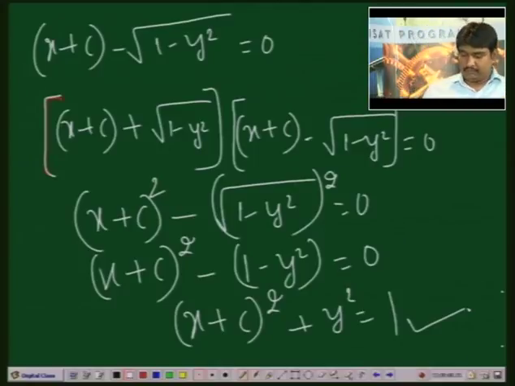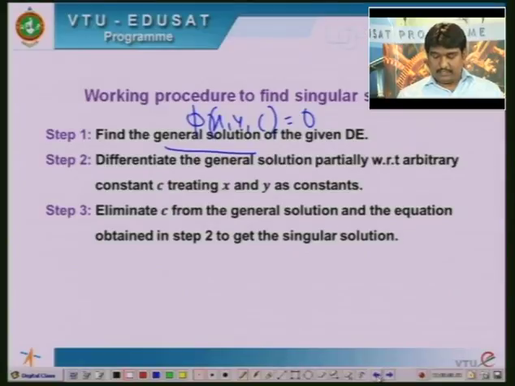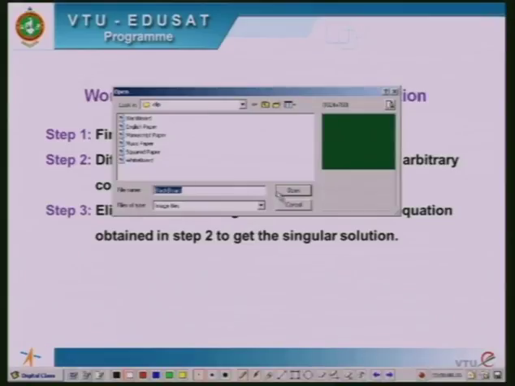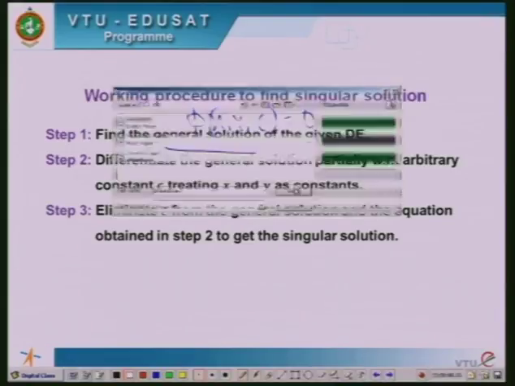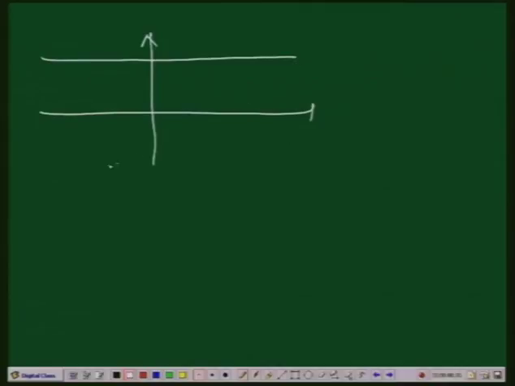And as I said earlier, this represents a family of circles like this.